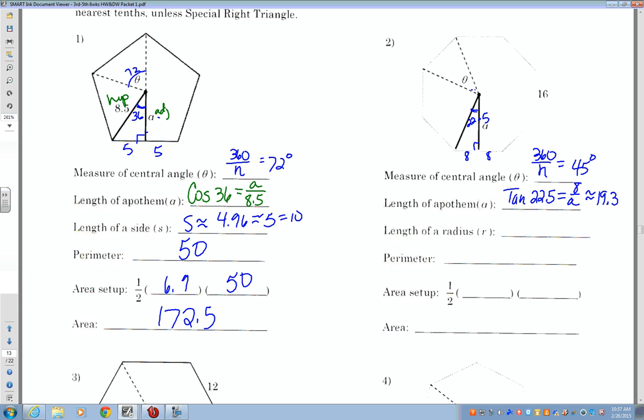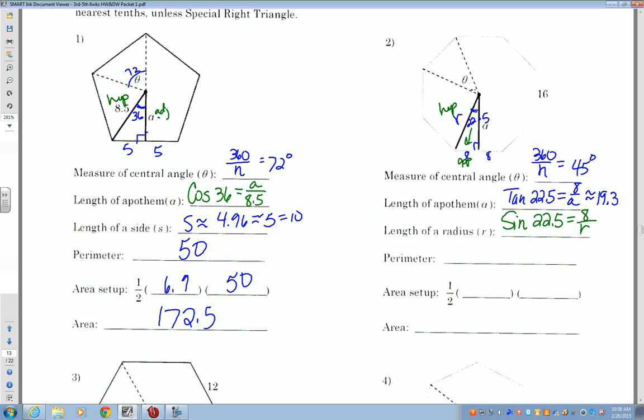All right, so they want us to find the radius. That's over here. Again, you're going to use trig. I can do now opposite and hypotenuse. Opposite and hypotenuse is which trig function? Sine. So we're going to do sine 22.5 equals opposite, which is 8, over r.